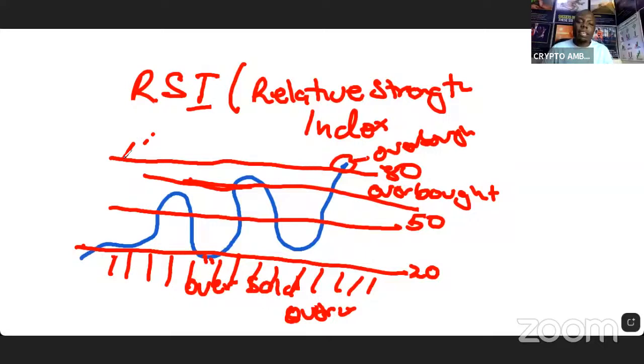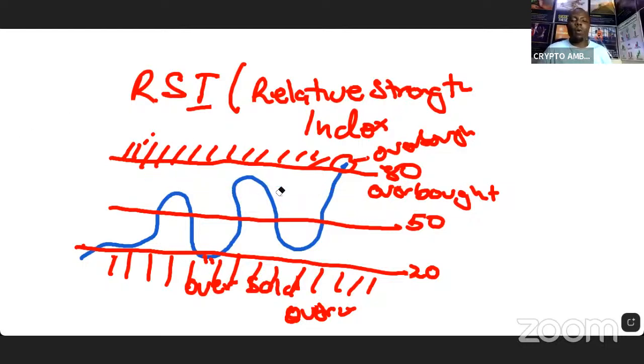And once it enters this area here, this coin has been overbought. Now I have a question. As a trader, do you want to enter when it has been overbought, or do you want to enter when it has been oversold? And in between these two points, between 20 and 80, it is a neutral area.